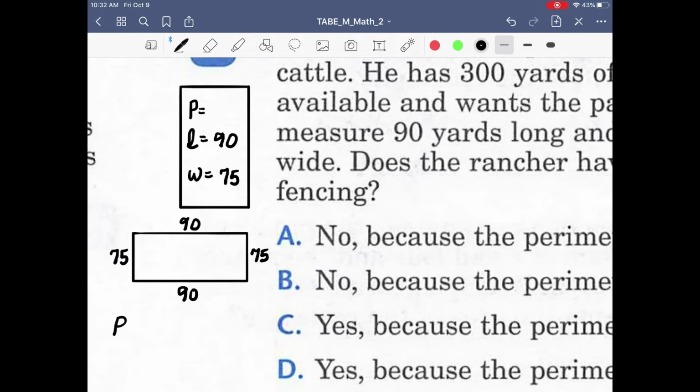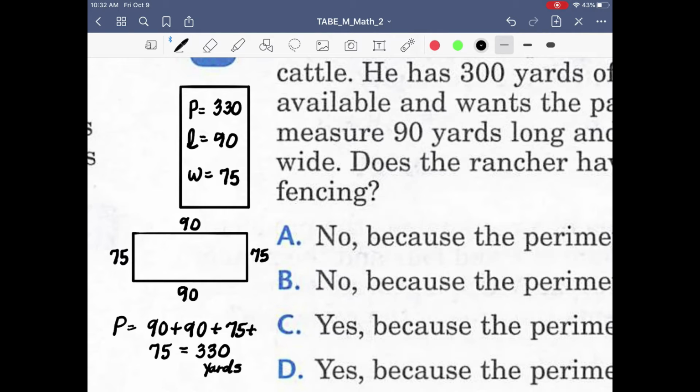So the perimeter is going to be the two 90s plus the two 75s. And we do have a calculator available here. So use that to add those four numbers and you will get 330 yards. That's what he needs. The perimeter is 330 yards.